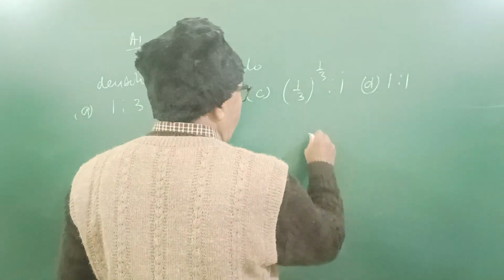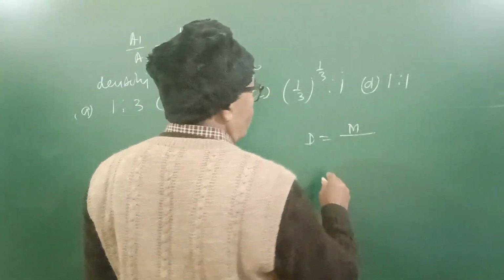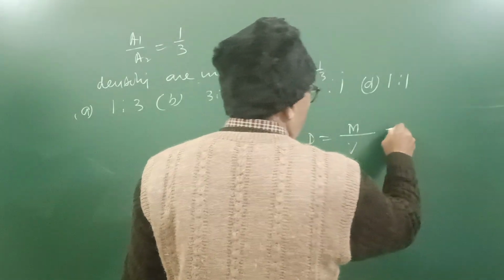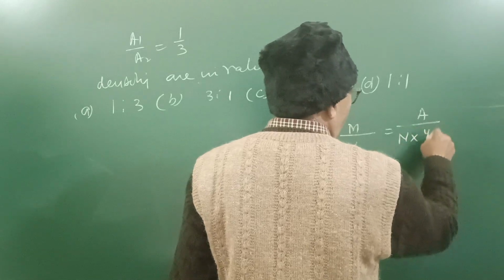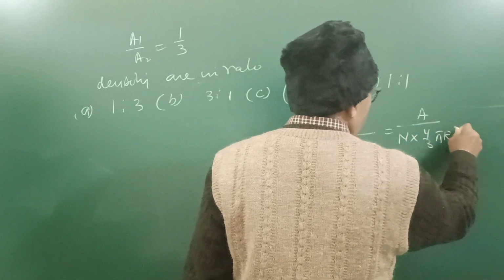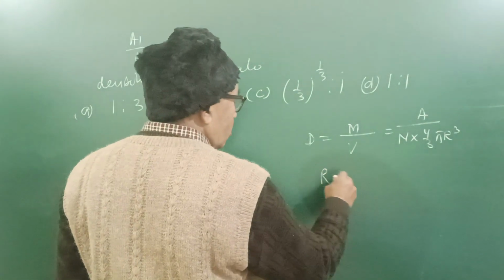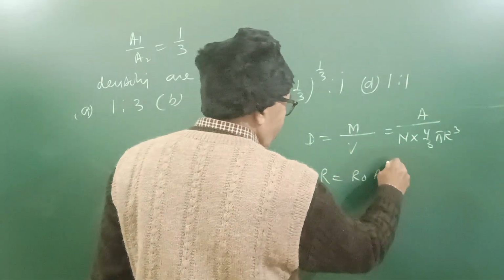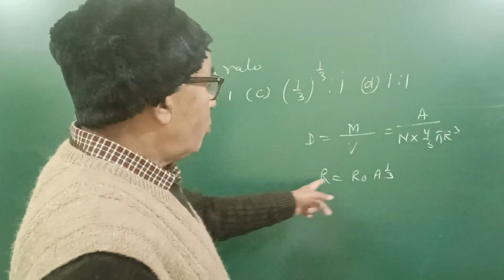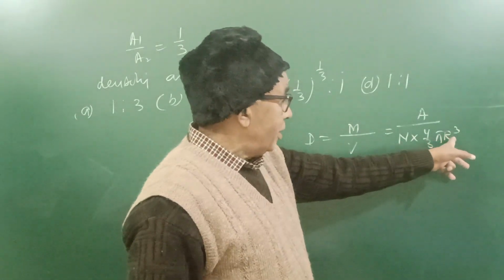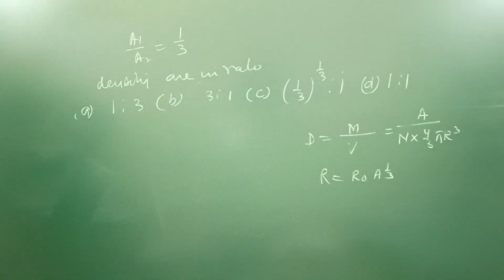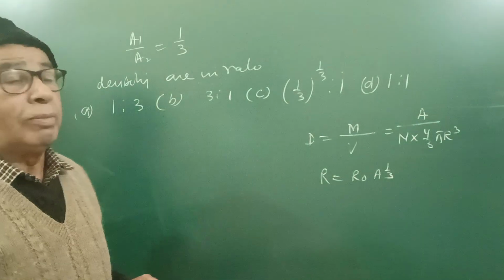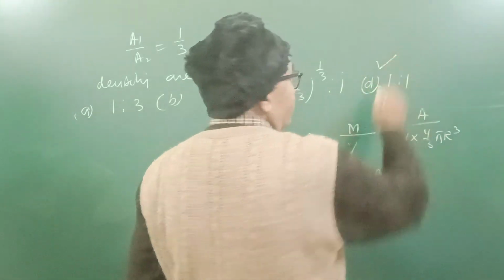Actually density is mass upon volume, and mass is mass number A, volume is 4/3 pi r cube, or in fact r equals r0 A to the power 1/3. If we put this value of r, A gets cancelled, so the density of the nucleus for all elements is independent of mass number, so it is 1:1.